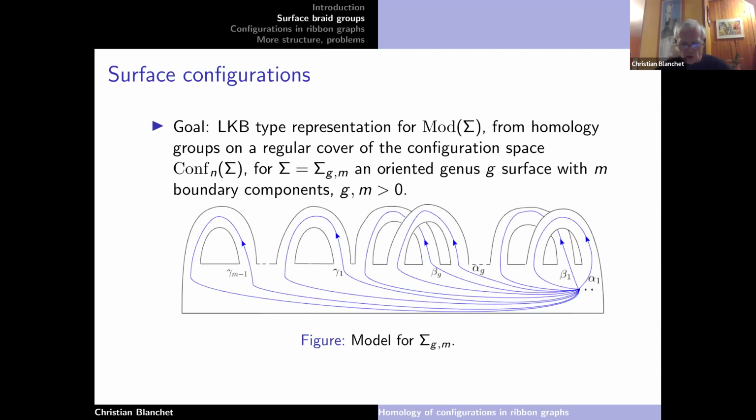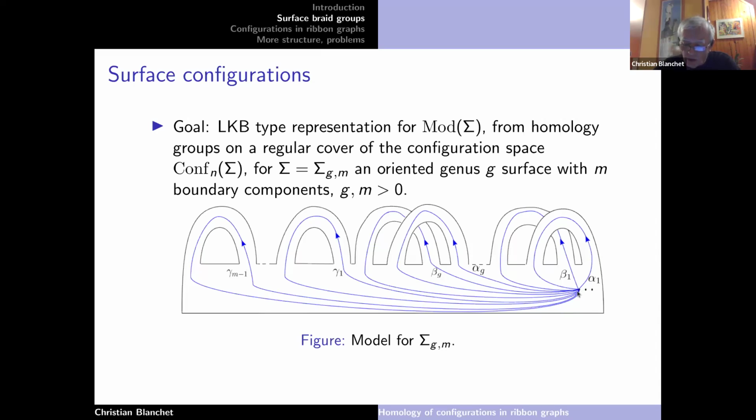So this is my model for the surface sigma g,m, and in order to define a regular cover, I want to describe pi1 of the configuration space, which is called the surface braid group. The three dots here hold for the base configuration. In my picture, I'm considering n equals 3.